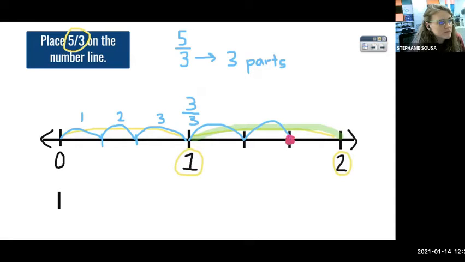I can place a point and label 5/3, which is the same thing as 5/1/3. Remember to count the spaces between the tick marks, not the lines that you have partitioned with.